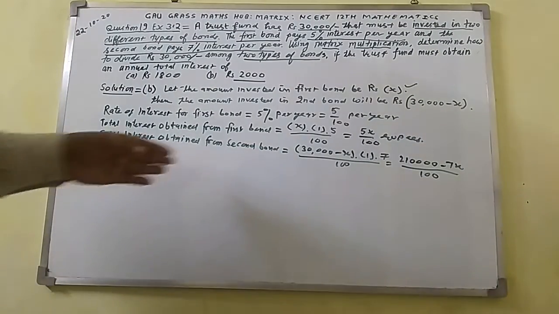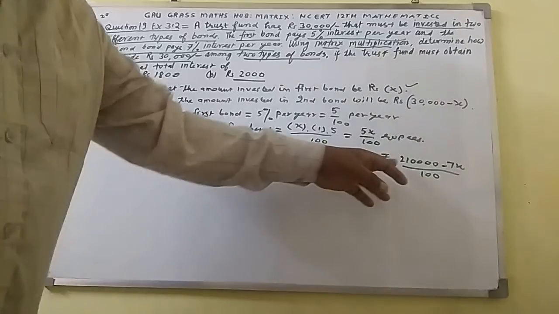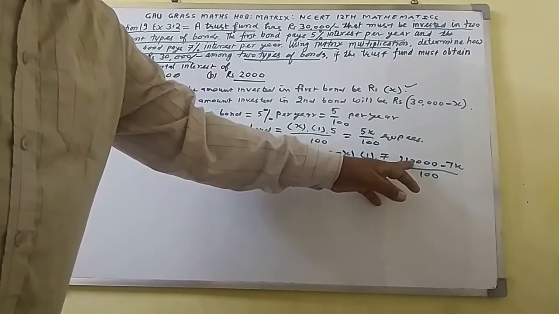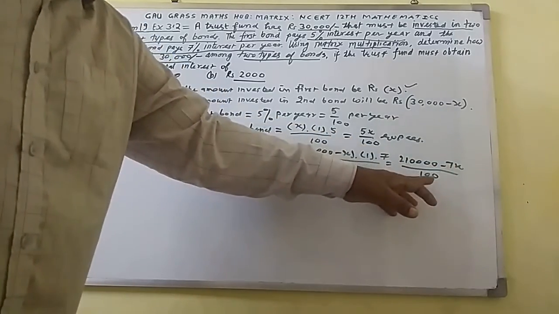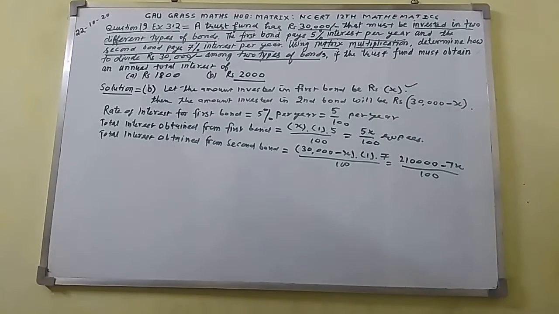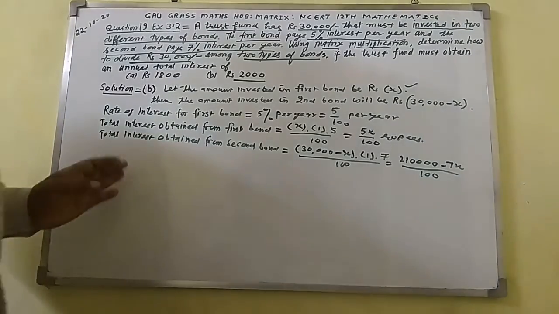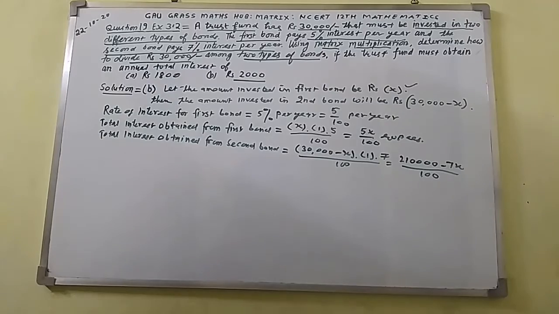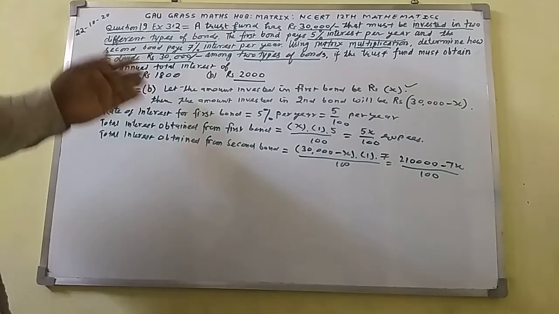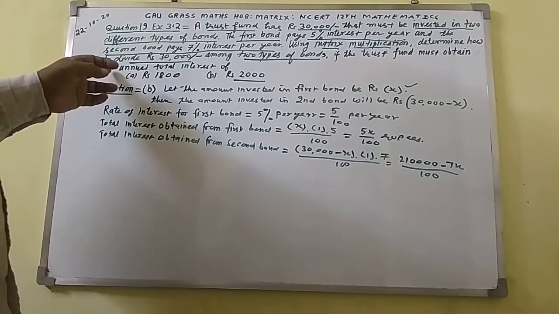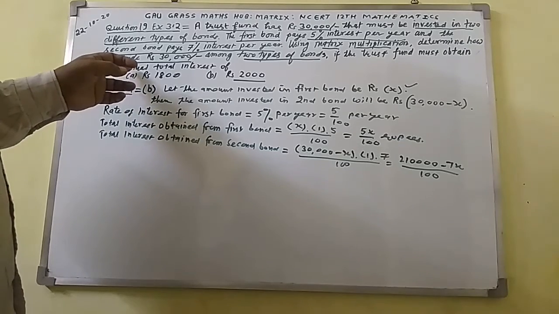The total interest obtained from the second bond will be 2,10,000 minus 7X over 100. Now the annual total interest is rupees 2,000.